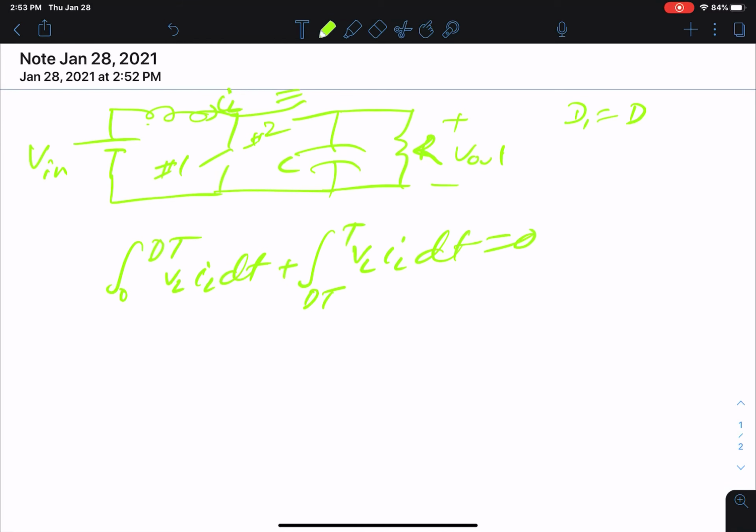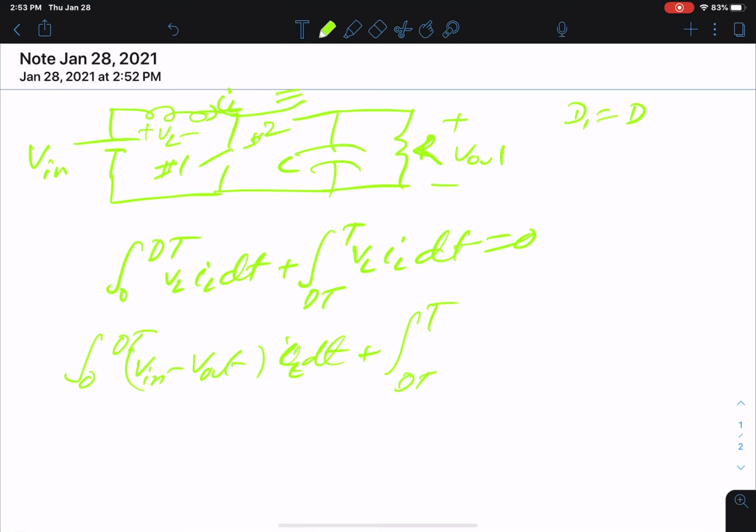So VL, when switch 1 is on, is the voltage over here.